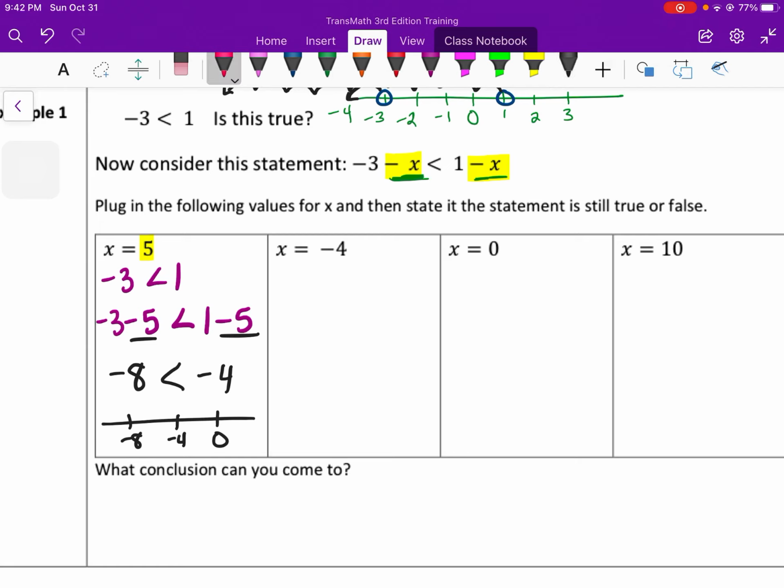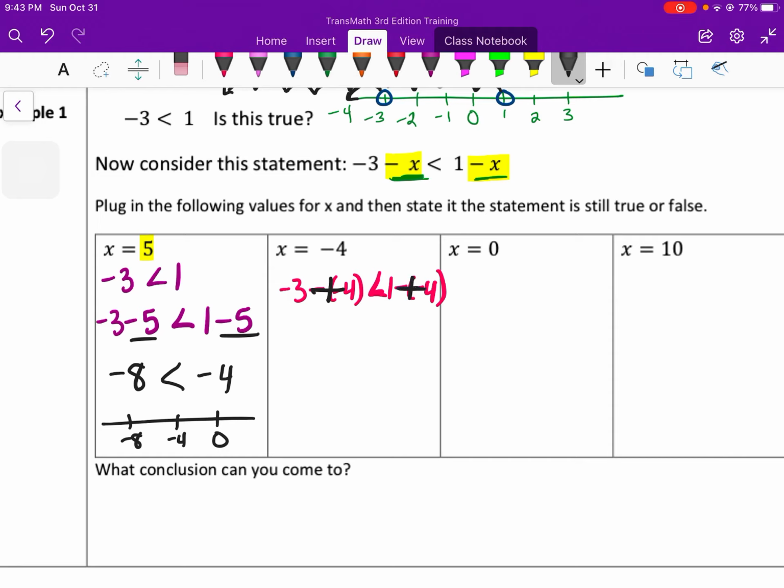It stayed true. So is negative 3 minus negative 4 less than 1 minus negative 4? If I subtract a negative number, does it still stay true? So negative 3, when I subtract a negative like this, it actually makes that a plus. When you have 2 minuses in a row, that means I'm actually adding.